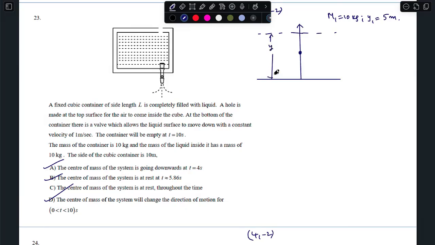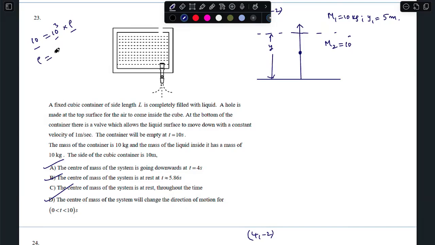The free surface location is y. The only issue is that the liquid density is not mentioned, but I can say that 10 kg equals 10 cube times rho, mass equals volume times density.